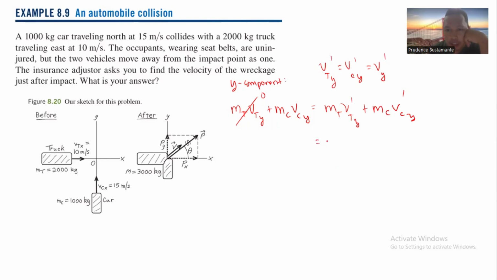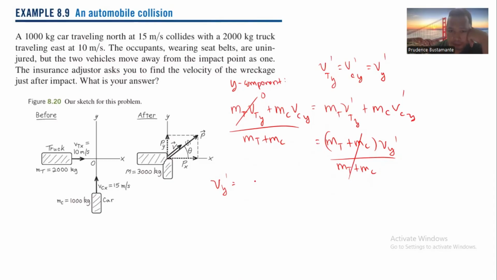So we have mt plus mc times vy prime, and we divide both sides by mt plus mc. Your vy prime is now equal to mc vcy over mt plus mc.